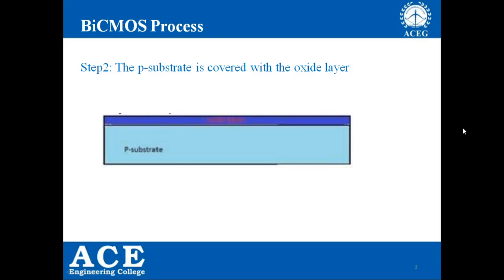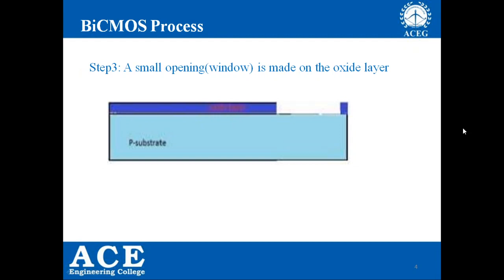So we have formed one silicon dioxide layer, and after formation of silicon dioxide layer we add a photoresist layer, and upon this photoresist layer we are going to expose certain area of photoresist to UV light by using some mask. After that using some solvent, that photoresist is removed in that particular area.